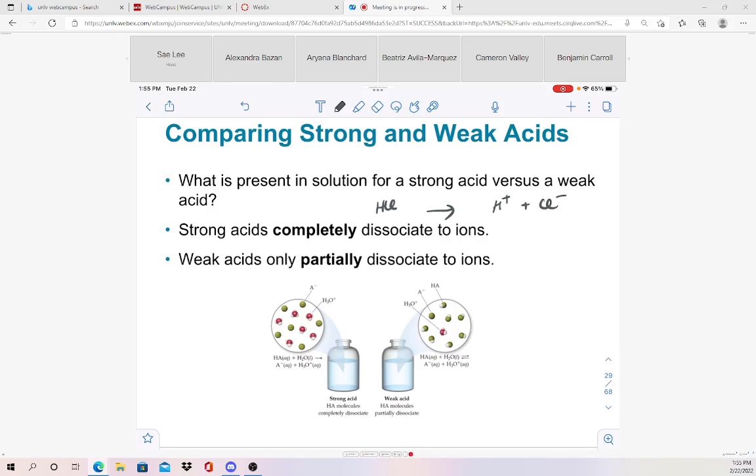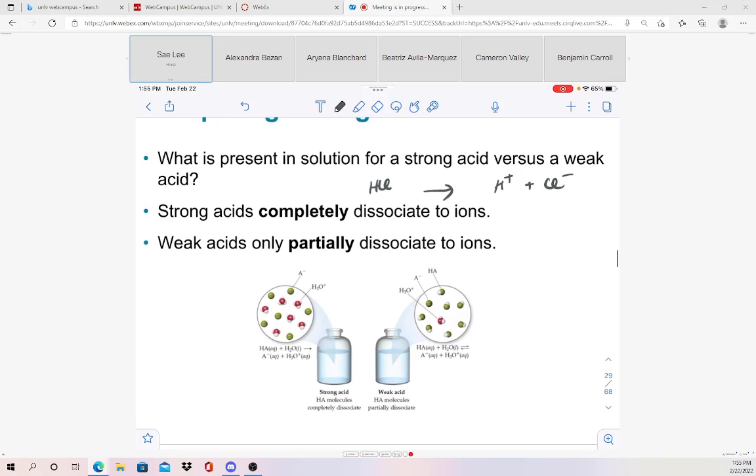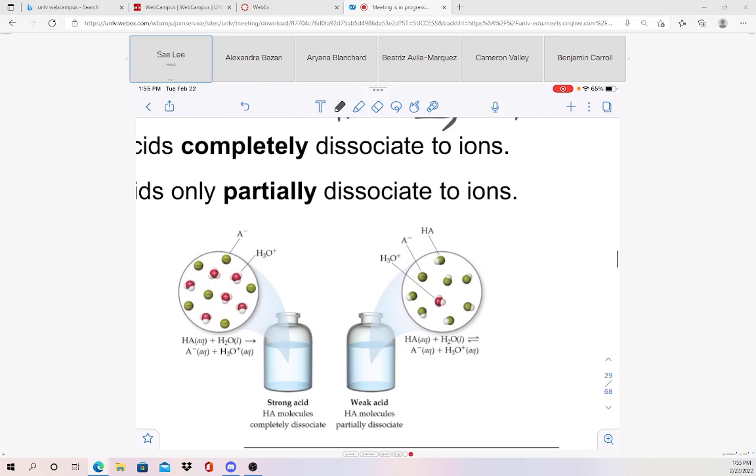On the other hand, weak acids only partially dissociate into ions. This means when weak acids such as acetic acid dissolve in water, it will generate hydronium ion or proton and acetate ions, but these acetate ions are unstable. So they want to steal a proton and go back to the original acetic acid.